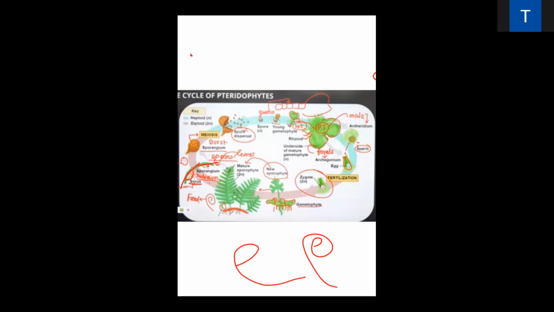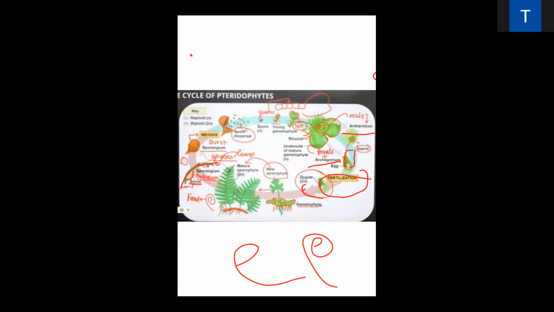If it develops into male, it is the antheridium, and if female, the archegonium. Sperm come here and enter the female, and fertilization takes place.